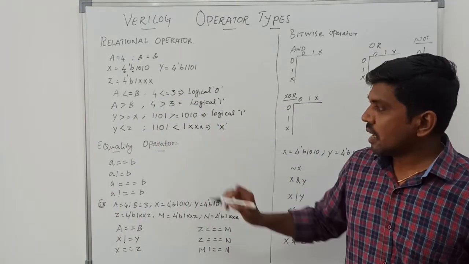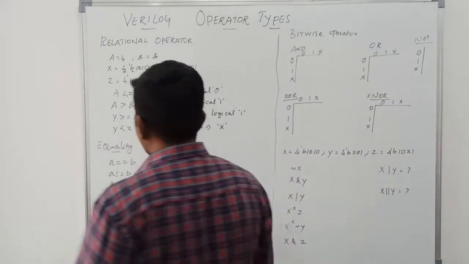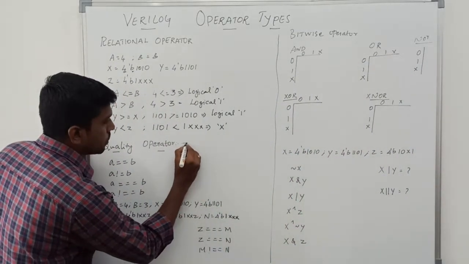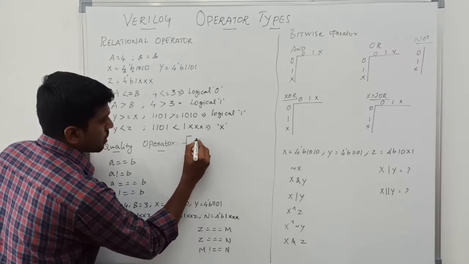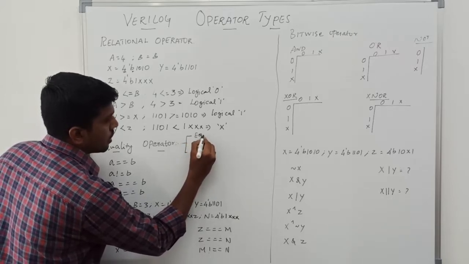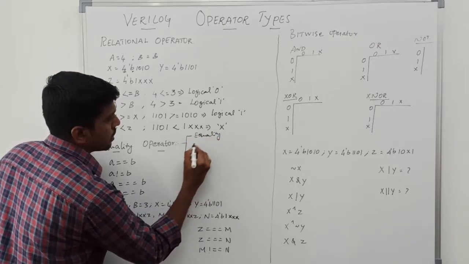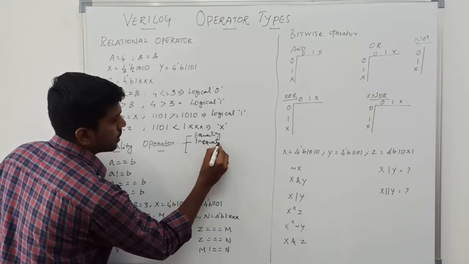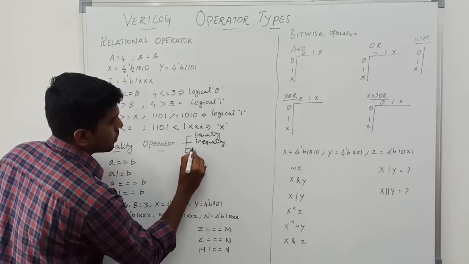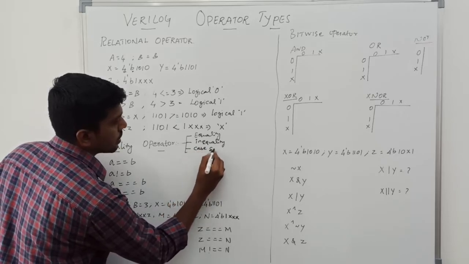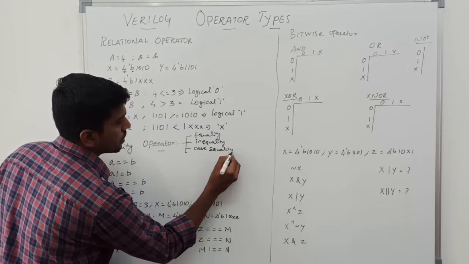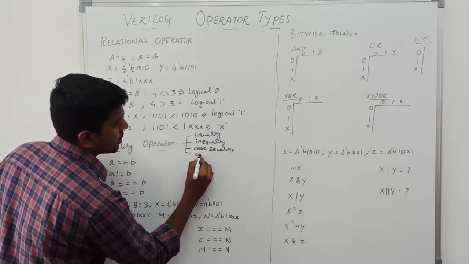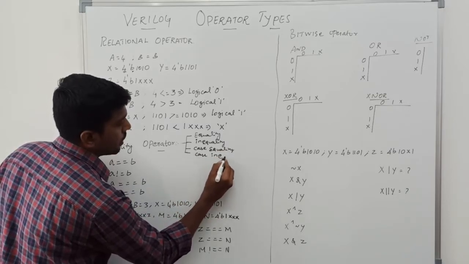Next is the equality operator. The equality operator is classified into 4 types. The first is equality, the second is inequality, the next is case equality, and then case inequality.